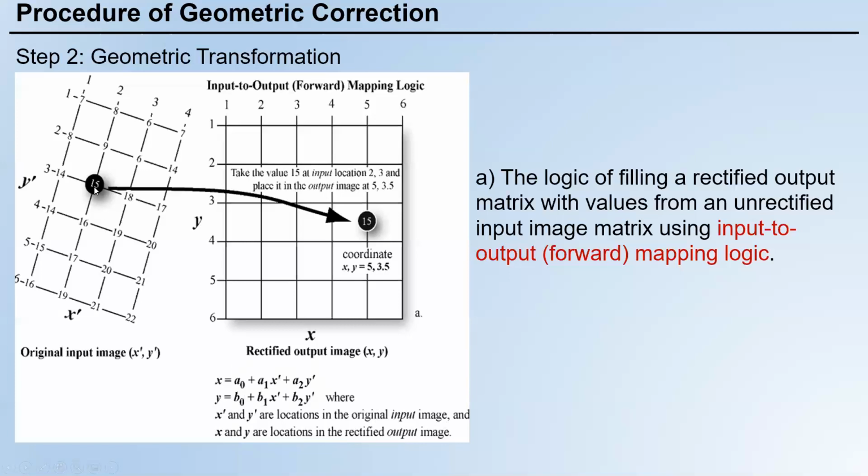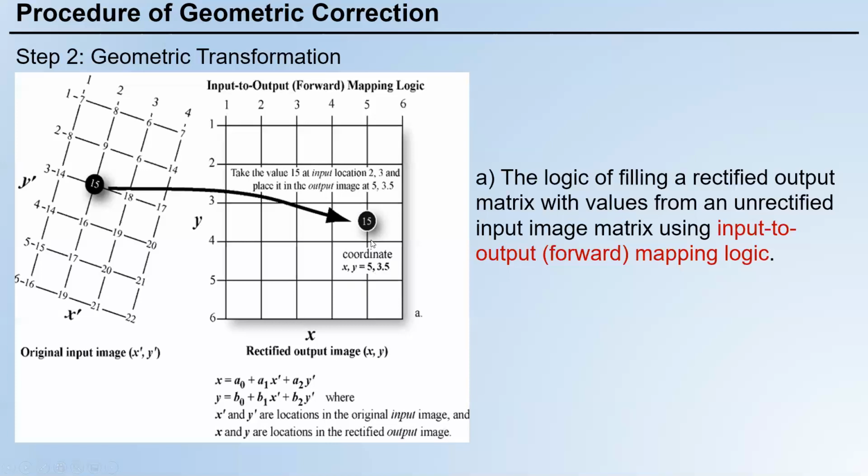Okay, so this pixel was here in the unrectified image, and it should be here in the rectified image. You may have noticed that the new coordinate is 5, 3.5. 3.5 is not an integer. So it's somewhere between 3, 5, and 4, 5.